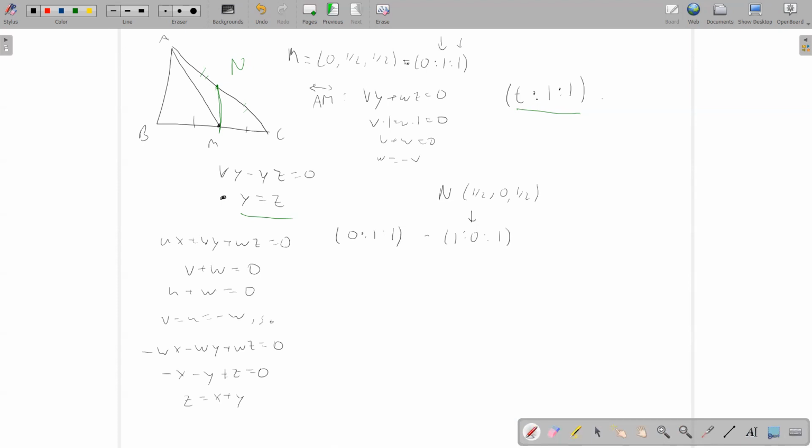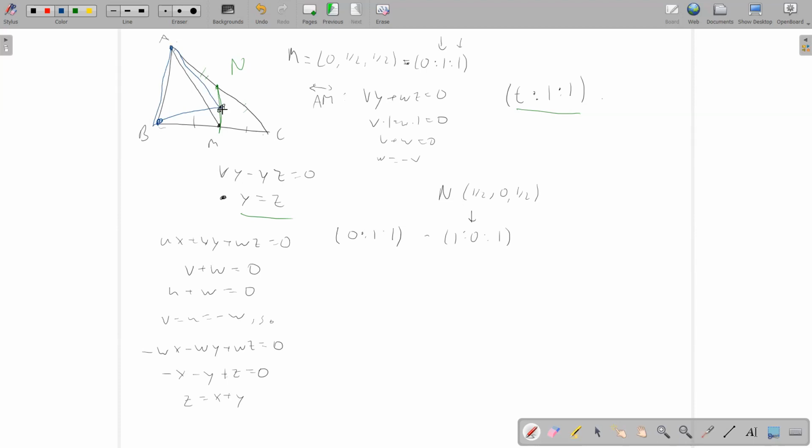Now, some of you may realize, if you are on this medial line, what should your z coordinate be? Well, if we draw this triangle, the base of this triangle is the same as the base of triangle ABC.